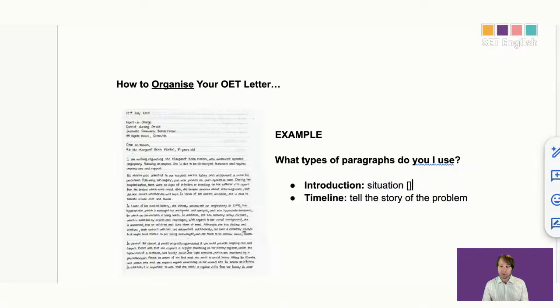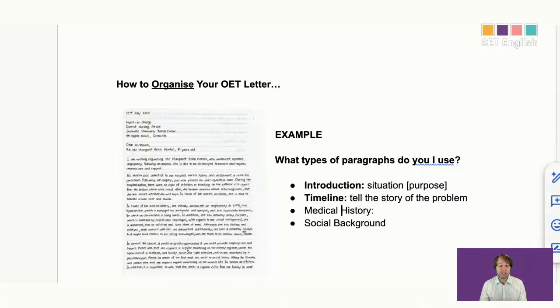Well, the purpose of your letter needs to be in your introduction paragraph. And we've got medical history. Yeah, I agree. Someone says background paragraph, so I guess we can say social background. Medical history I guess would be medical background. We can call it that.